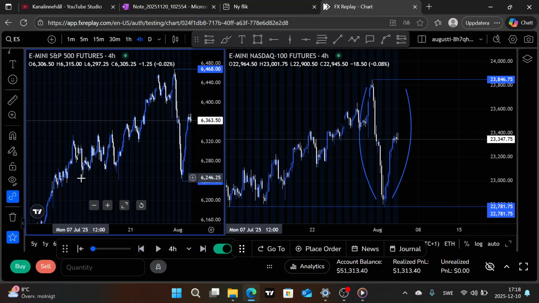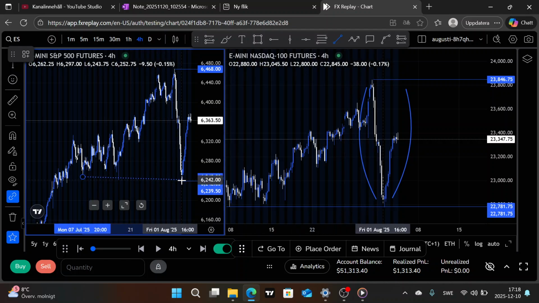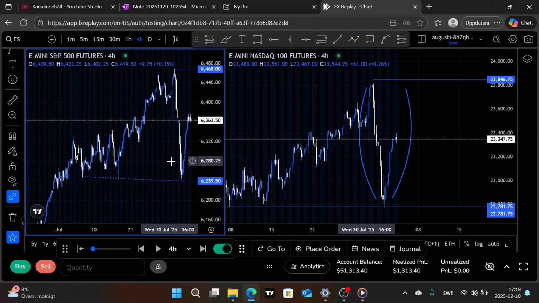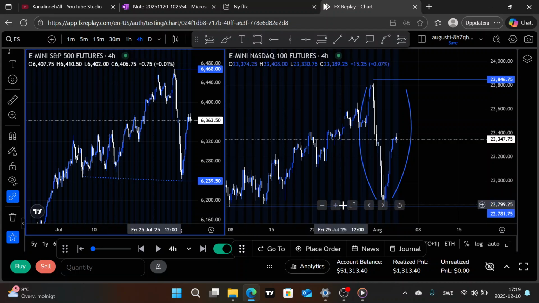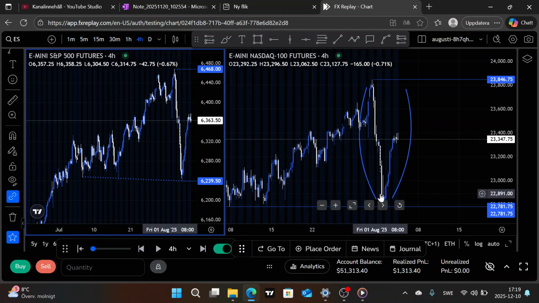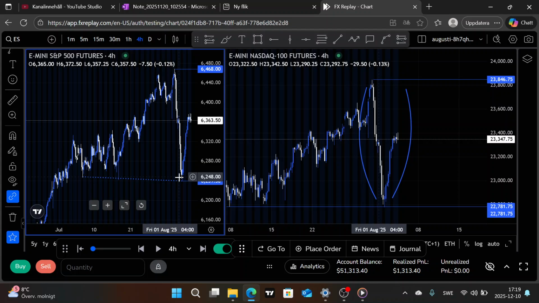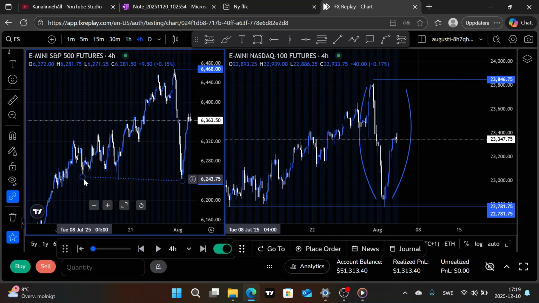we can maybe, we do have an SMT. So I'm a beginner still, but this one looks like an SMT to me, because you can see NQ has swept this wick, and does ES also sweep or not?